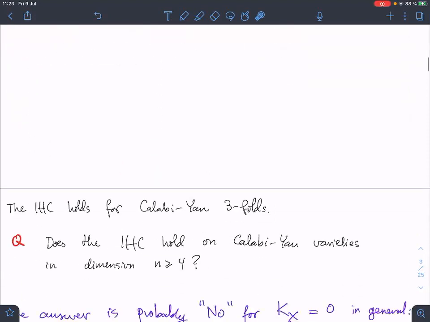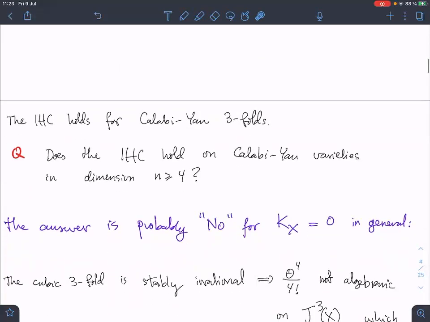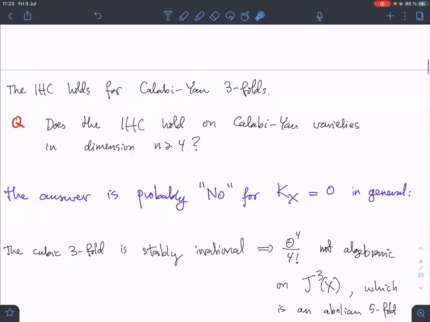Okay, but before we do that, let me say a little bit more about the Calabi-Yau case. An interesting question to me is whether the integral Hodge conjecture holds for Calabi-Yau varieties in dimensions at least 4.